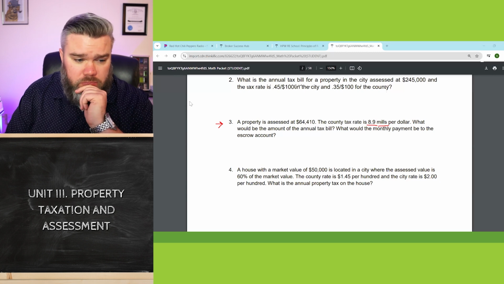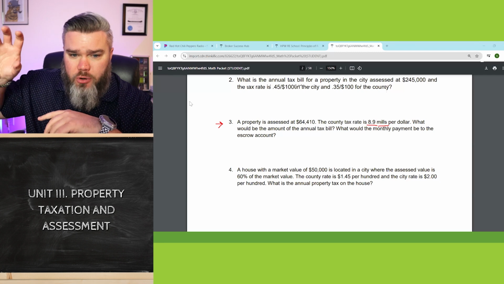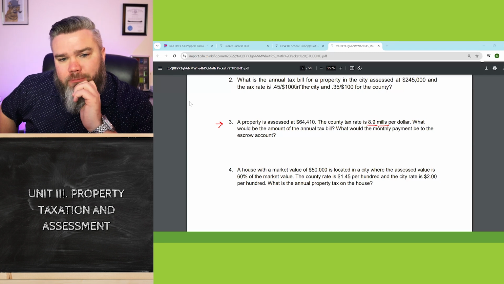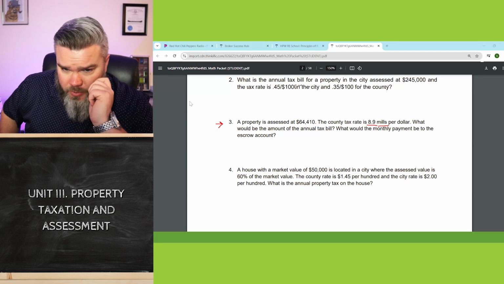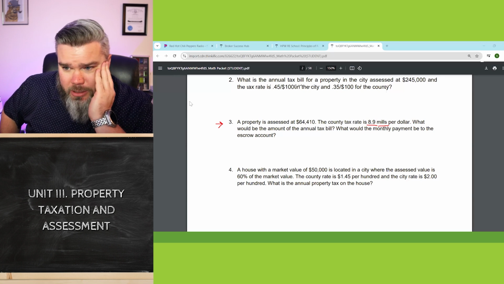And so if you take that rate and divide it by 1,000, you've now converted it to a per dollar rate, just like the others. And you can just multiply it by the assessed value.